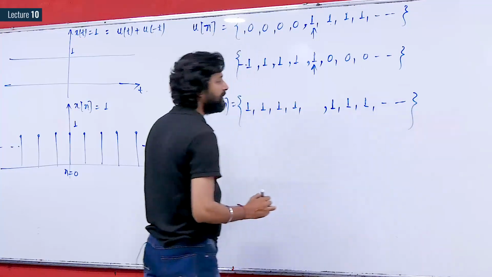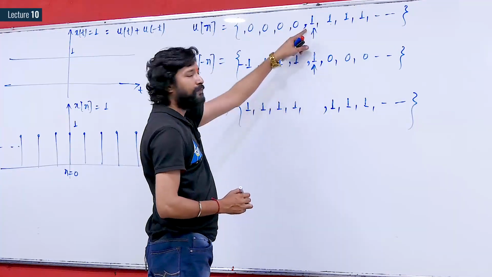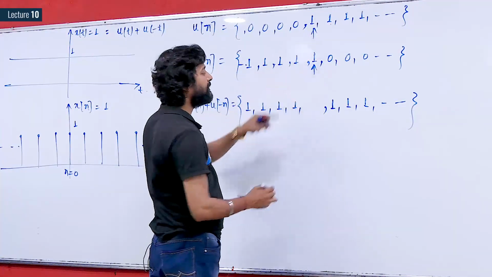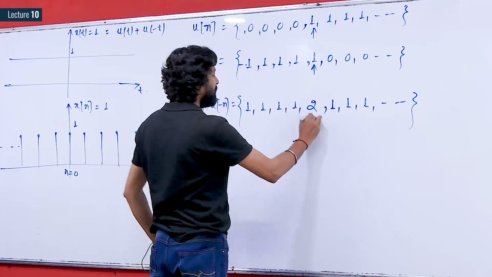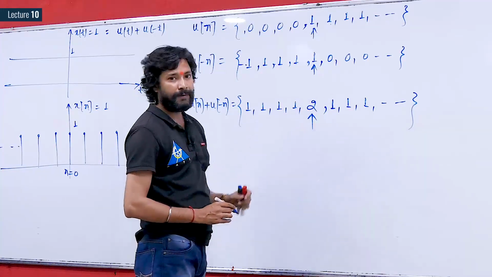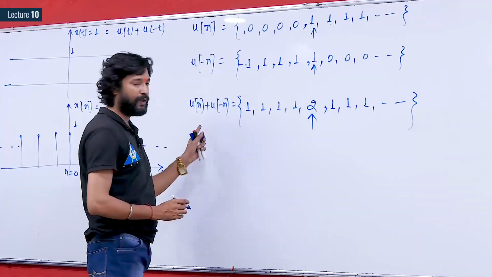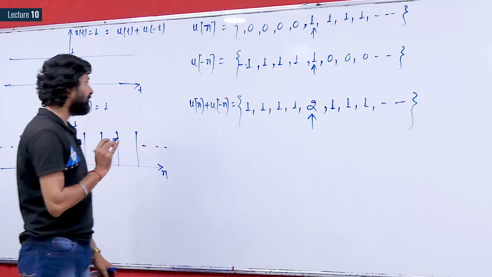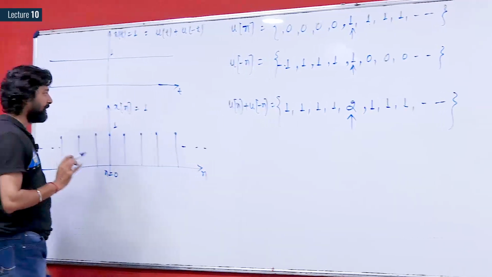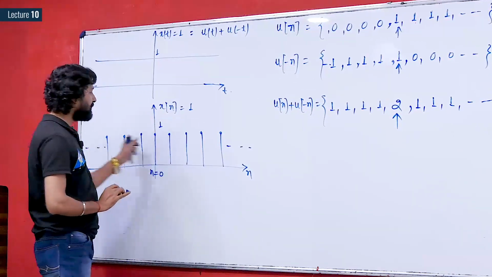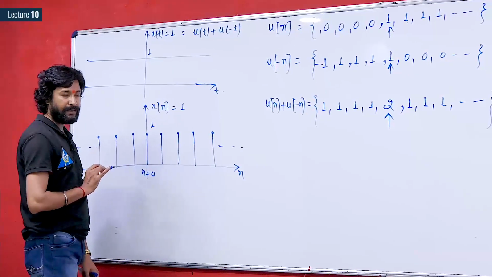But at the origin, both functions have value 1, so 1 plus 1 you will get 2. As this value 2 is never repeated in the function, this function cannot be called a constant function. So if you have to find a constant 1 in the discrete time domain, it must have values 1 from minus infinity to plus infinity.